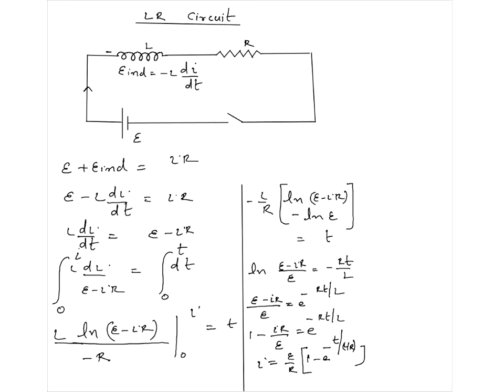Capacitor would simply block the current when it is fully charged, because a capacitor is what? Two plates which do not touch each other. So how can current pass through that region? Capacitor was a block for current at steady state.